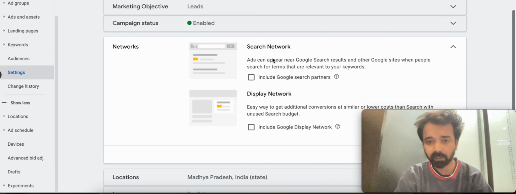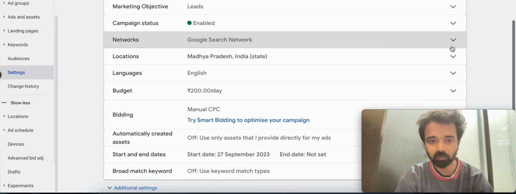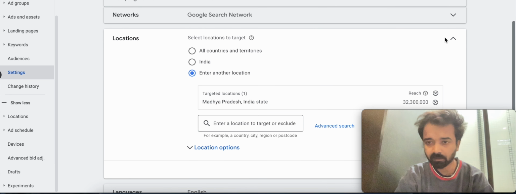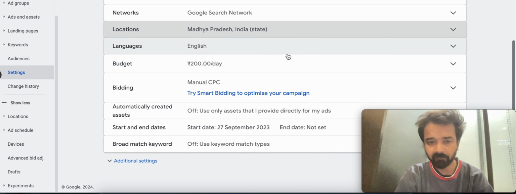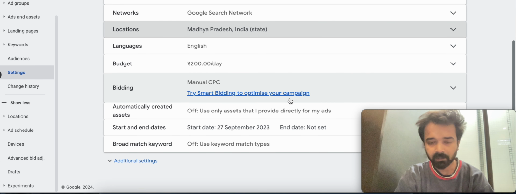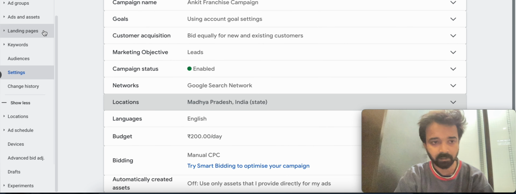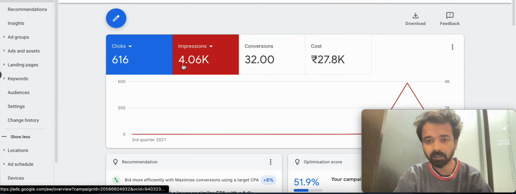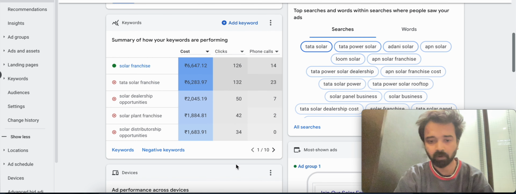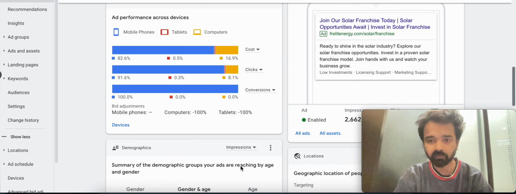We're not targeting the Google search network or display network, only the Google search page. The target state is the Indian state Madhya Pradesh. The average budget we have decreased to 200 rupees per day, and here Google is recommending us to go for smart bidding, but as we have optimized it in manual CPC and it is performing really very well, we don't need to go for any automated bid strategy, because manual CPC is working very good for us.